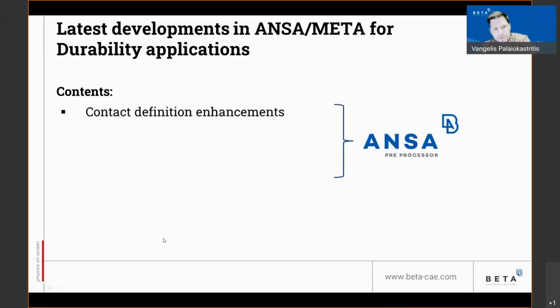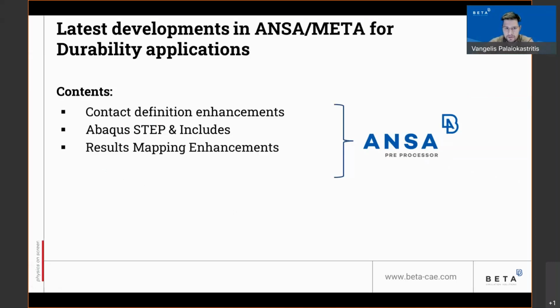So today we are going to start with ANSA, and we will see enhancements regarding contact definition, some new capabilities about the Abaqus step definitions inside includes, enhancements in the results mapping, and the new cross-section solvers.